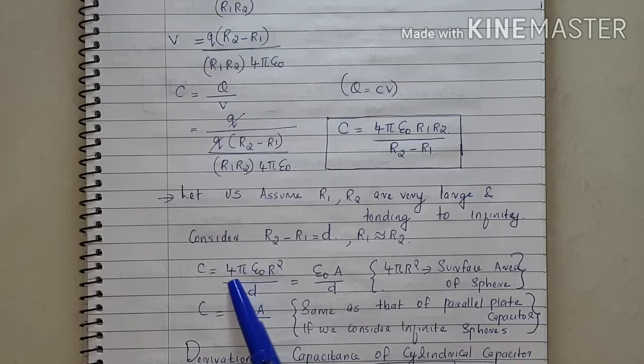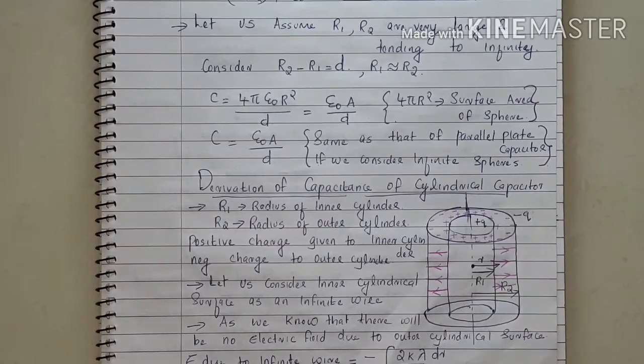So we can write 4 pi R square equal to A, giving C equal to epsilon 0 A by D, same as that of a parallel plate capacitor. If we consider an infinite sphere, the capacitance value becomes the same as that of a parallel plate capacitor.